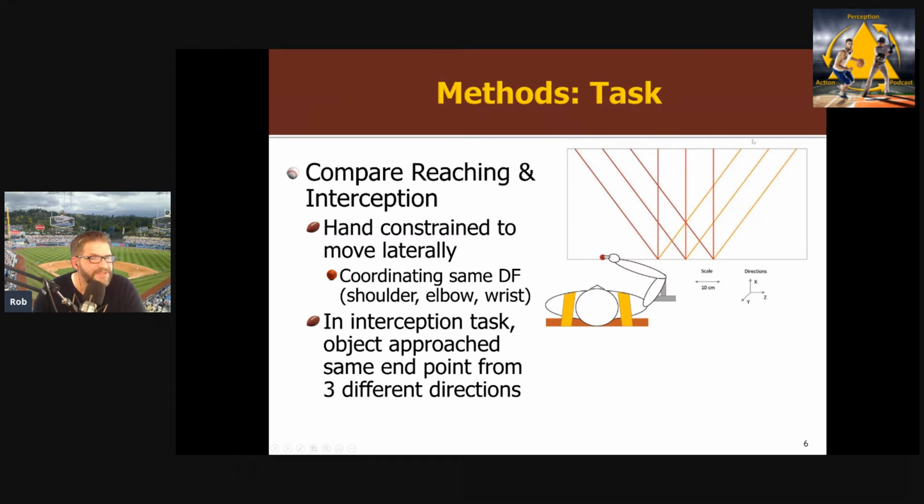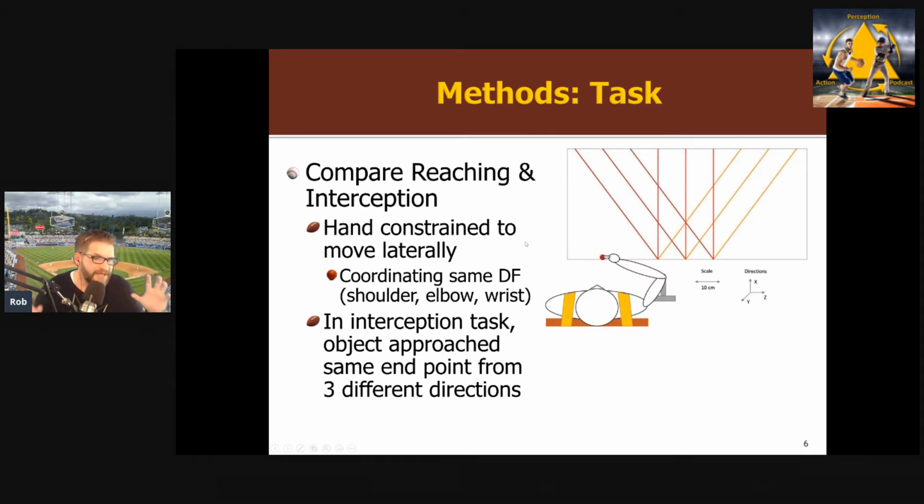Sometimes it came from the left. Sometimes it came from the right. Okay. And that's a really important manipulation that replicates a really classic study that Pepper and Bootsma did in the 90s, right? Which was an important study illustrating proprioceptive control. Okay, and I'll show that the results, they basically replicated that here. Okay, so that's the basic test.